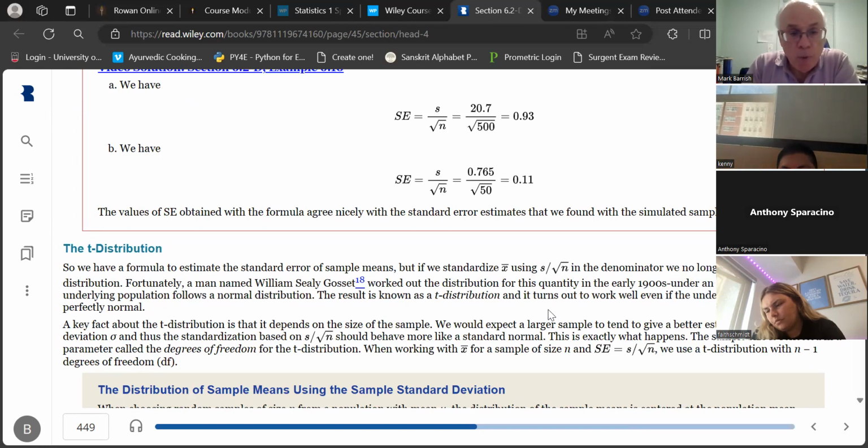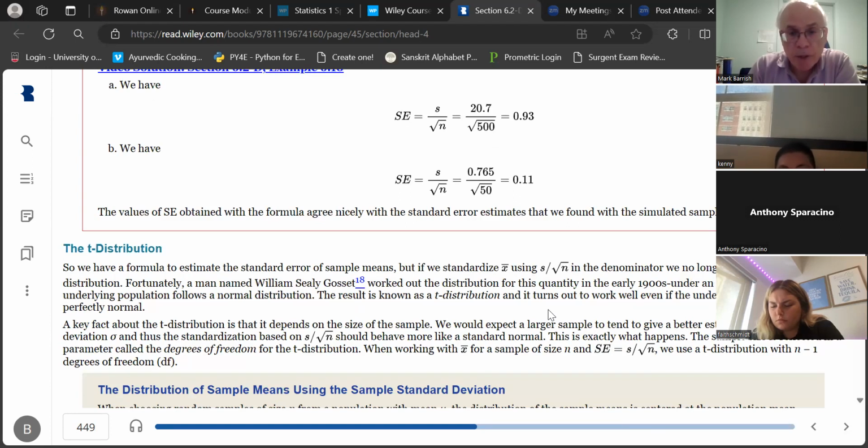If you remember last week, with a hypothesis test we came up with a Z statistic, like a Z score, where the denominator was the standard error and the numerator was the sample proportion minus the hypothesized population proportion.